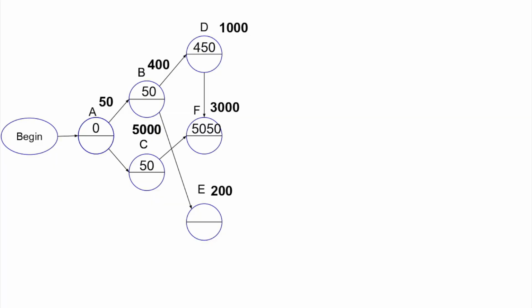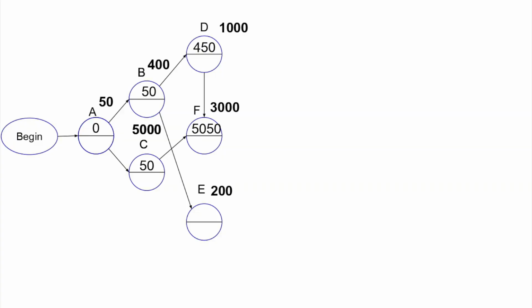The next node is F. Calculating its time to start is more difficult though, because two arrows terminate at this node. In this case, the earliest start time for this node is the largest value among the length of the paths to this node.